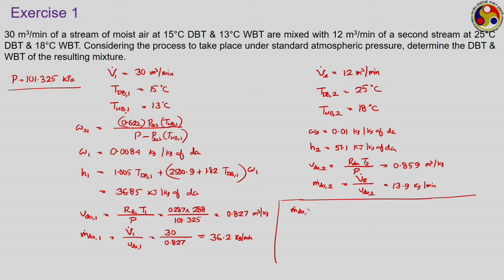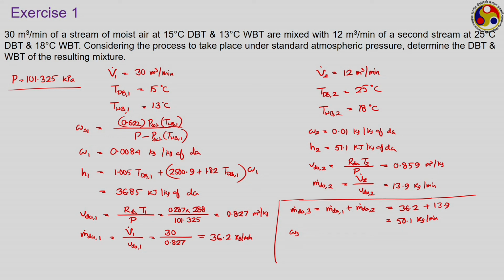So, m dot dry air for the final stream is just the addition of these two, because the dry air part is directly getting added, and therefore, we have 36.2 plus 13.9 equal to 50.1 kg per minute. From there you have to get the final dry bulb and wet bulb temperature. Using this mass flow rate, we can get omega 3.